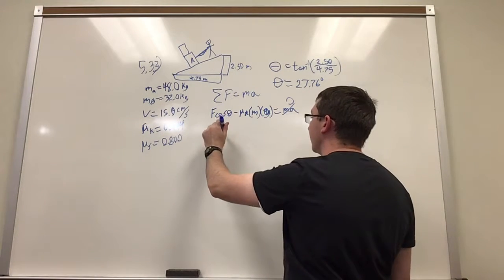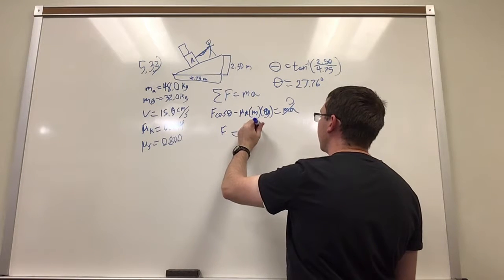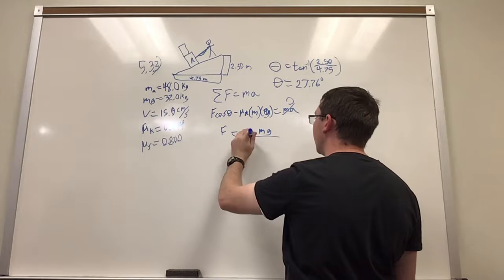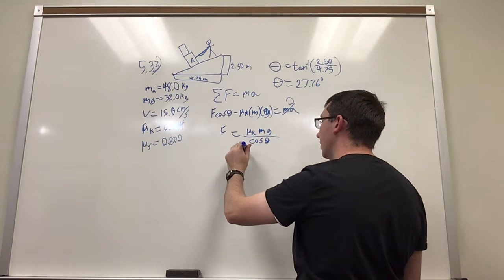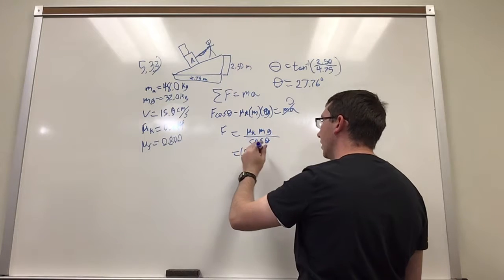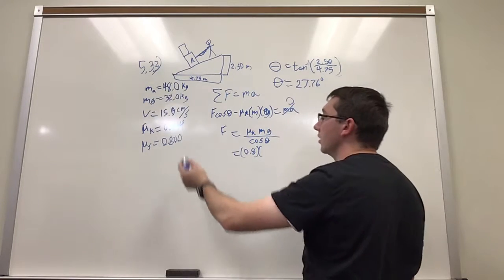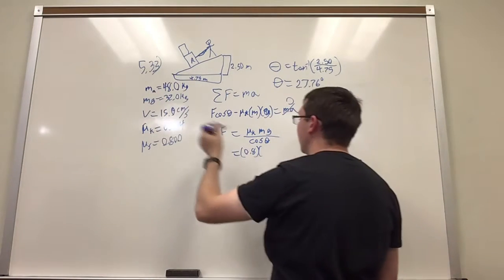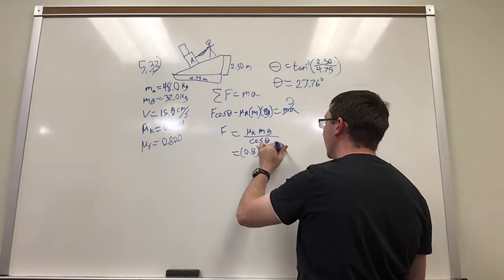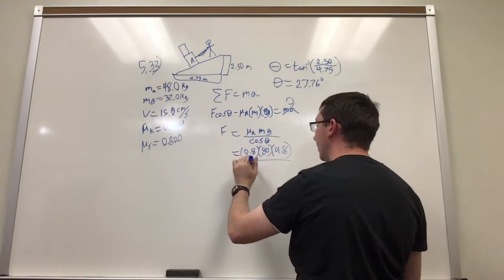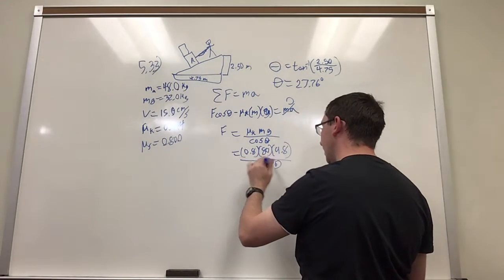So we can then use this to find the force. When we isolate for the force, it is going to be equal to mu times the mass times gravity divided by the cosine of the angle. So we plug our values in, 0.8 times, and this mass is the mass of both blocks, so mass A plus mass B, that's 80 kilograms, times 9.8 divided by cosine of 27.76.